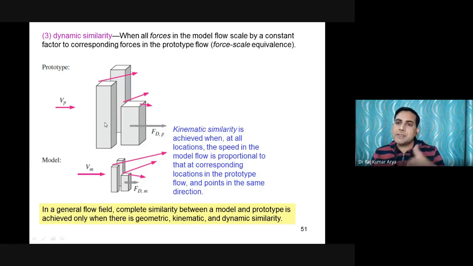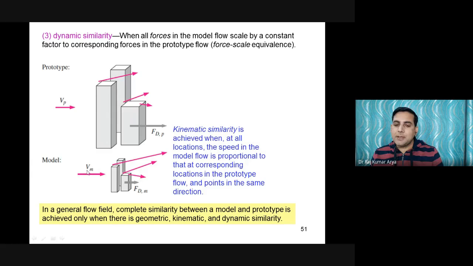It should change by the same factor. If the force here has changed by a factor of 2, it should change by a factor of 2 here also. So all corresponding points from model to prototype should change by the same magnitude. That's called dynamic similarity, the forces.